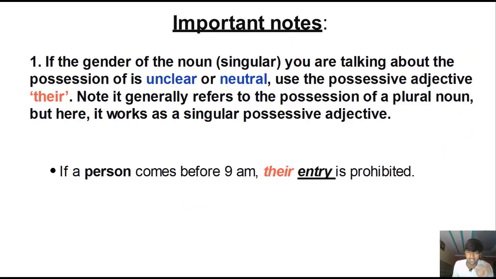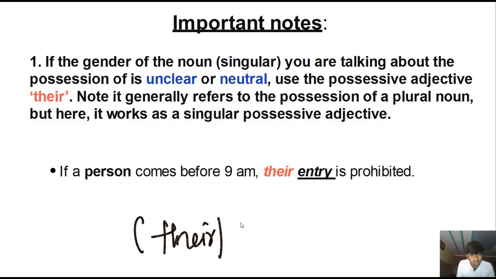Now, a couple of important points about possessive adjectives. If your possessive adjective is referring to a neutral noun, a singular neutral noun, which is one in number, but the gender of the noun is not clear, it is not clear whether it's a male or a female, then use the new singular neutral possessive adjective, their. It is a modern development in the English language, and that's why we use it.